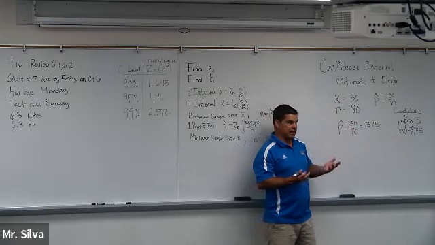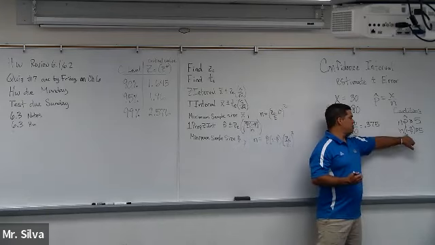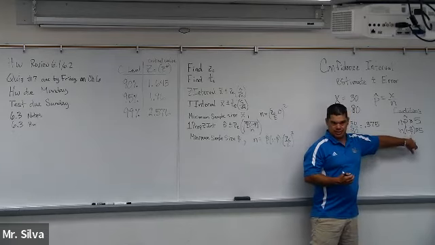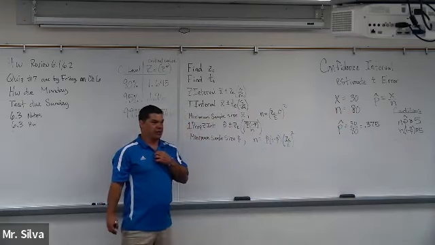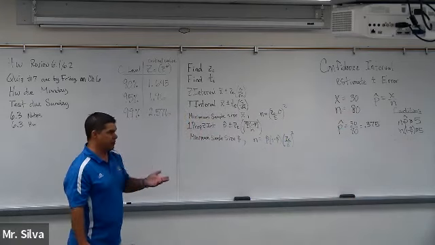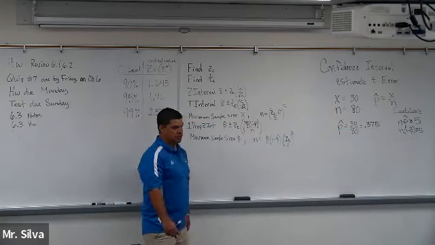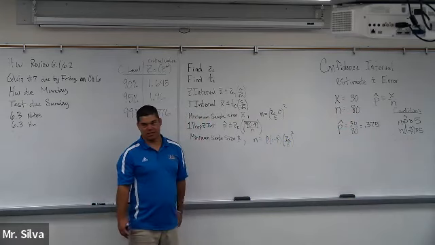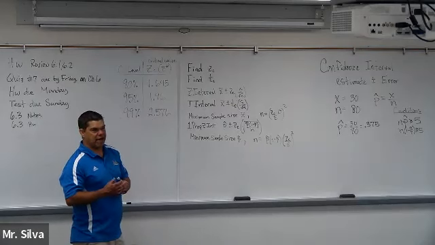Okay, 50 out of 80 would be the complement. So n times 1 minus p is actually 50, which is bigger than 5. So therefore, my conditions are met. Again, if I had 3 out of 20, that would be much too small. So I need a large sample size. Okay, so condition, check, check. I checked both conditions. I'm ready to construct my confidence interval.